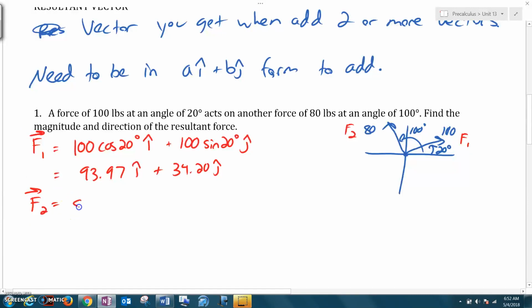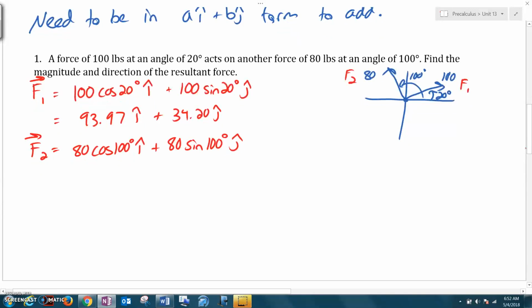That's a magnitude of 80 at an angle of 100 degrees for the X direction, and it's a magnitude of 80 sine 100 degrees for the Y direction. So we get 80 cosine 100. This should be negative. So it's negative 13.89 in the I direction. And then 80 sine of 100, which is 78.78. Okay, in the J direction.